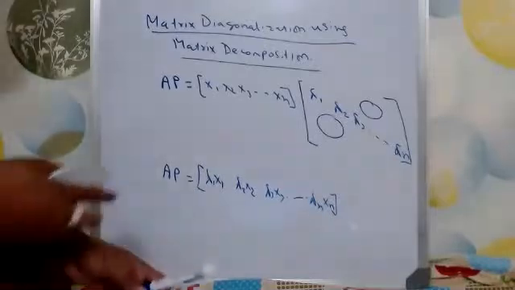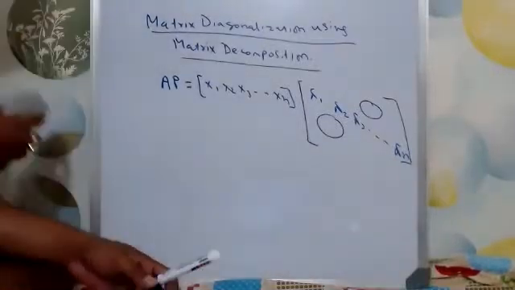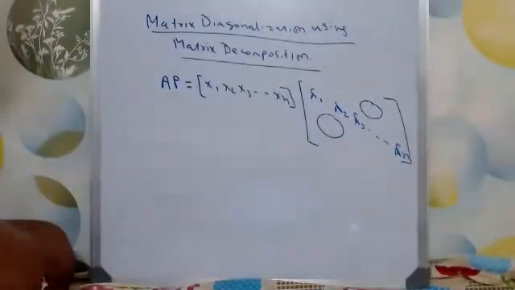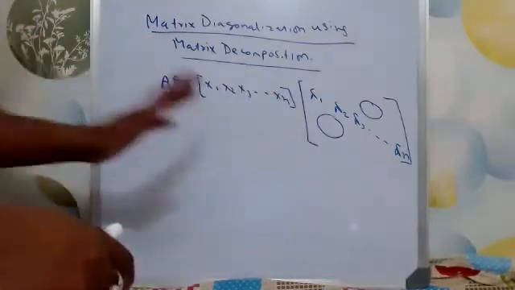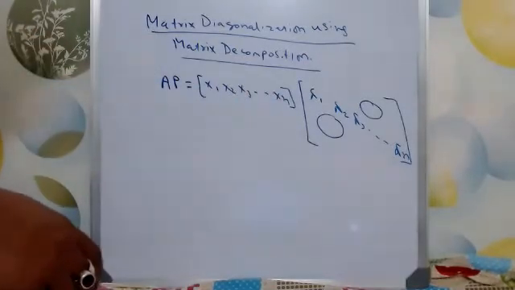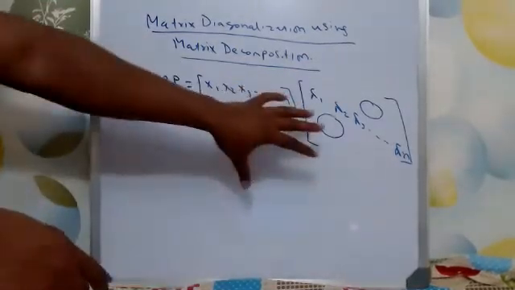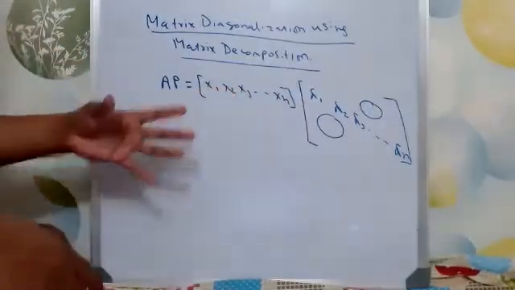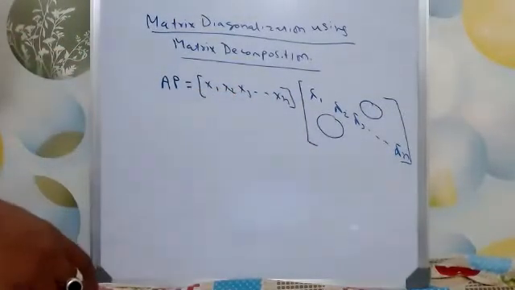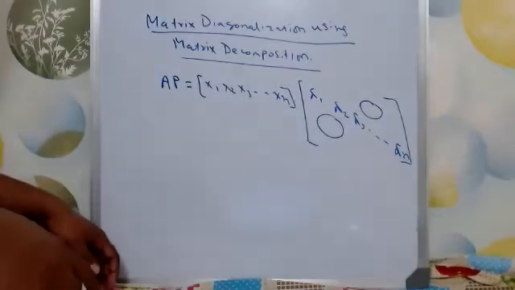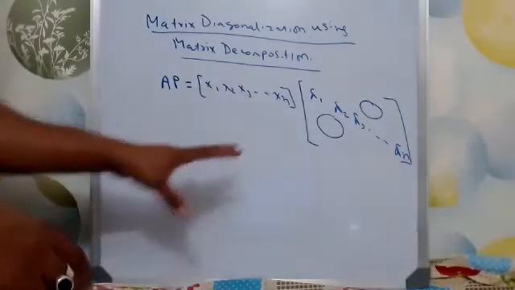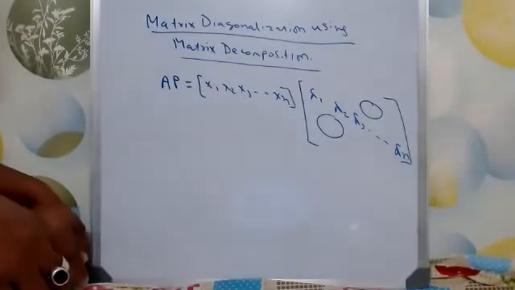Can I write like this or not? If your matrix multiplication is clear, then you will understand that this can be written. If you multiply this matrix with this matrix, ultimately you will get the same matrix, lambda 1 x1, lambda 2 x2. So I have just decomposed that matrix into two parts using matrix multiplication.